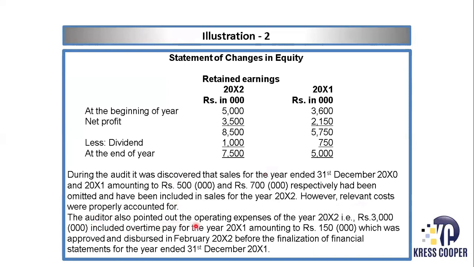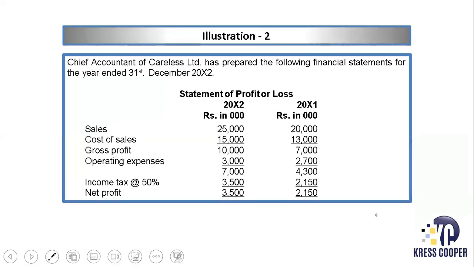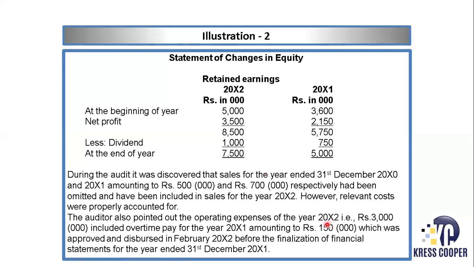The auditor also pointed out that the operating expenses for the year X2, that is 3 million, included overtime pay for the year X1 amounting to rupees 150,000. This was approved and disbursed in February X2, but it belongs to X1.